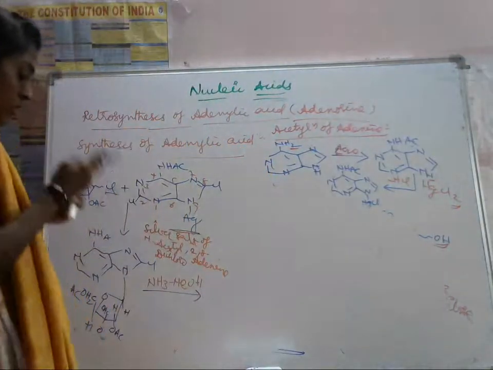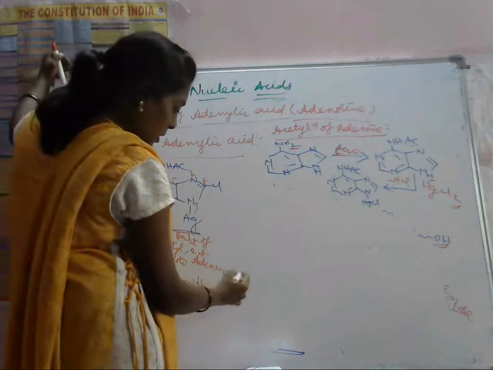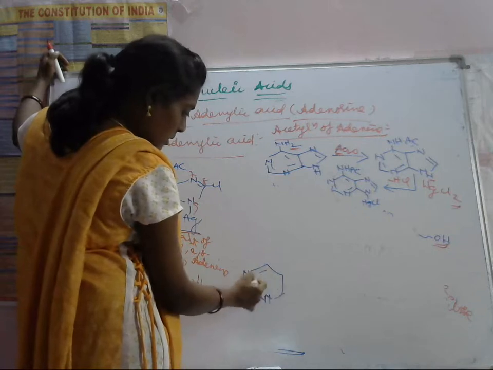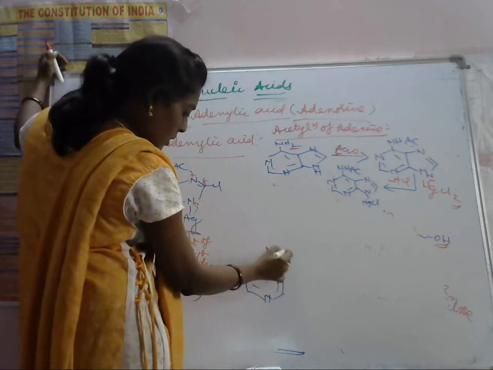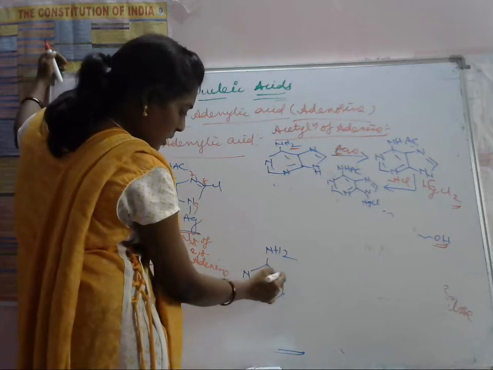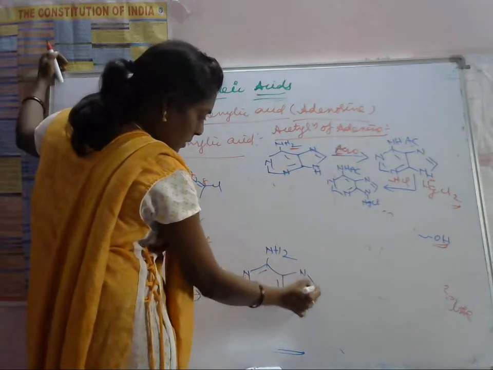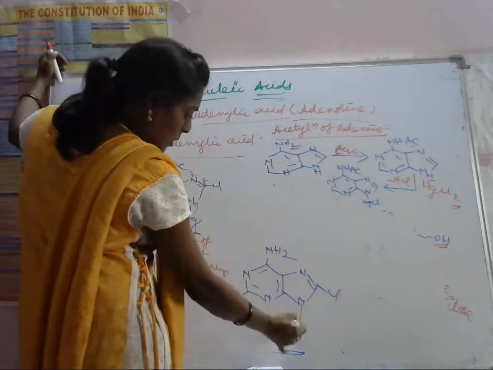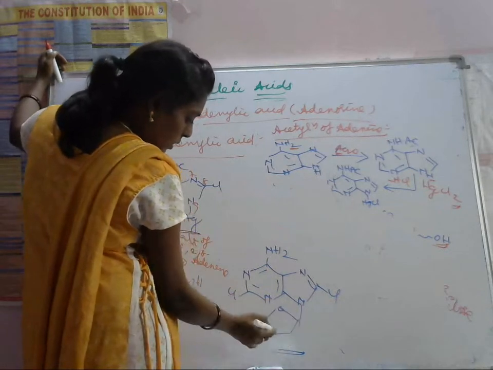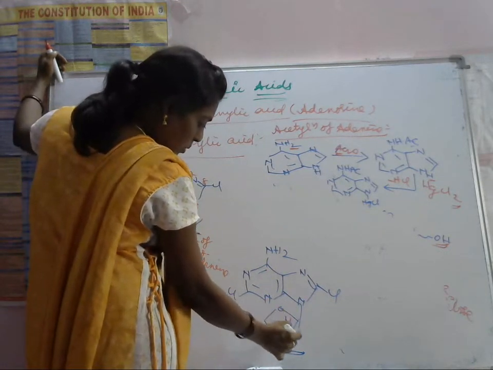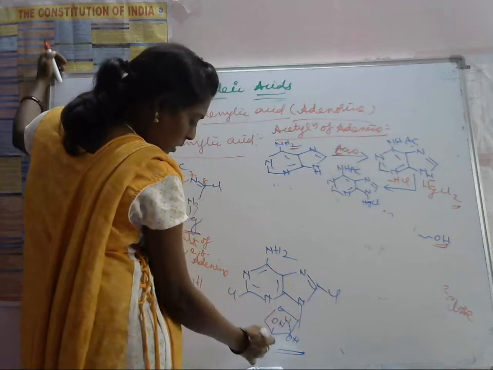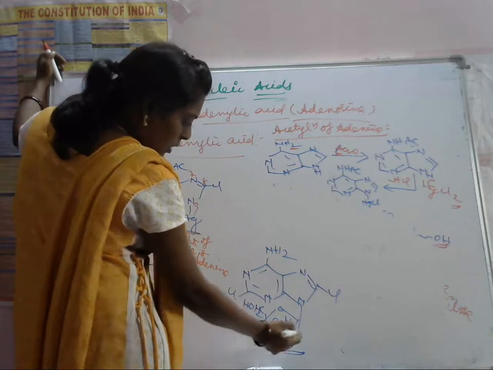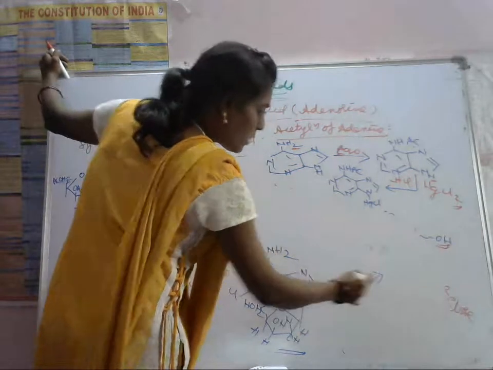Then NH2 is there, Cl will be there, N, Cl. So next we'll have this one: OH, H, CH2OH, H.